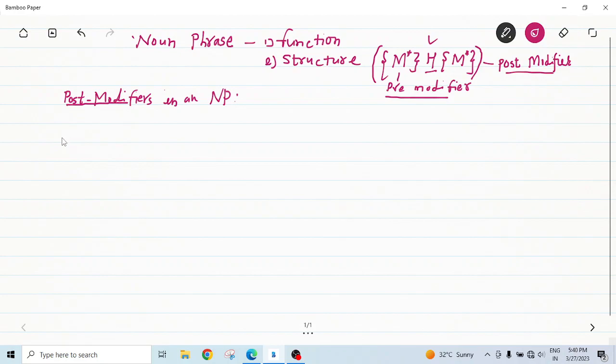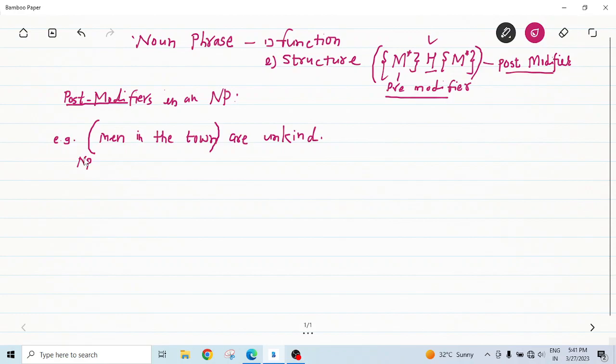Now see, for example, men in the town are unkind. This is a clause, and men in the town is the phrase which is a noun phrase.